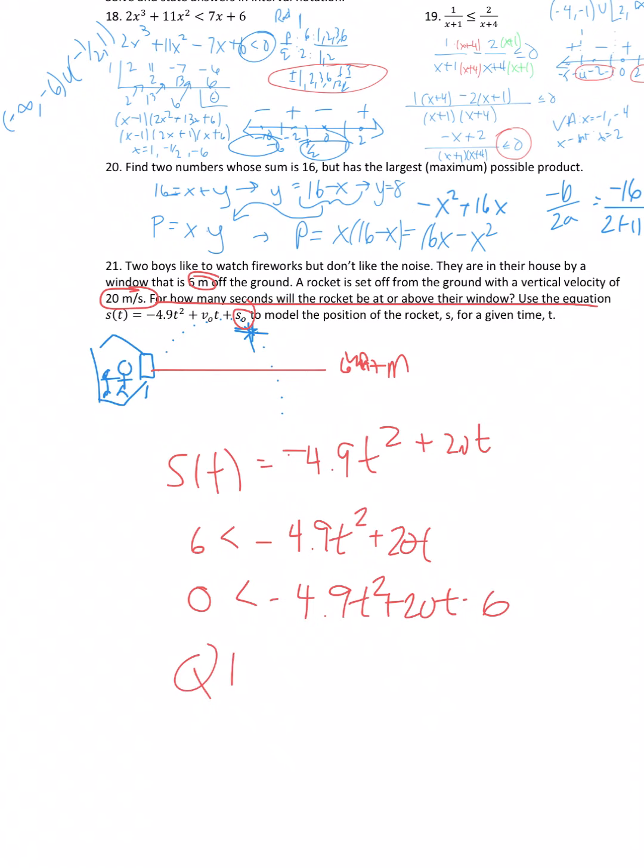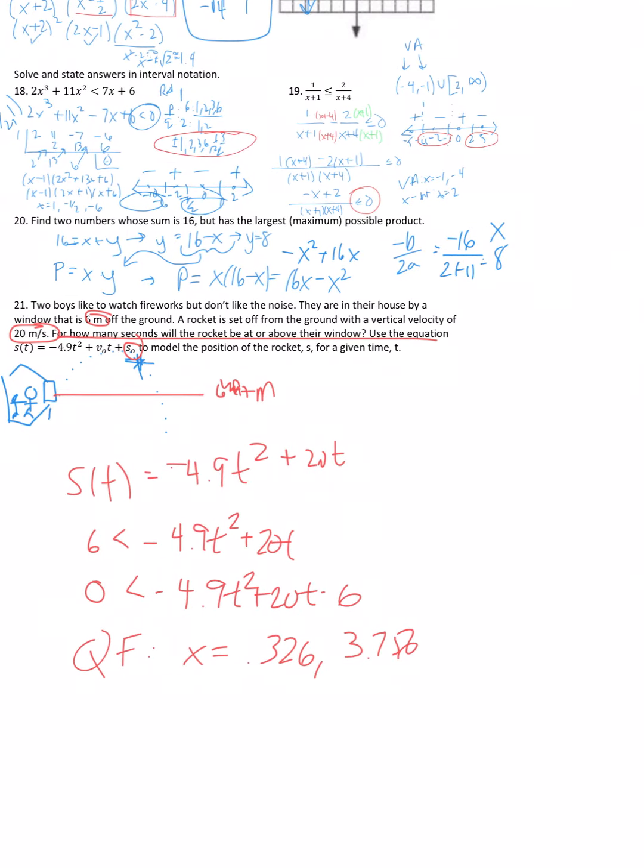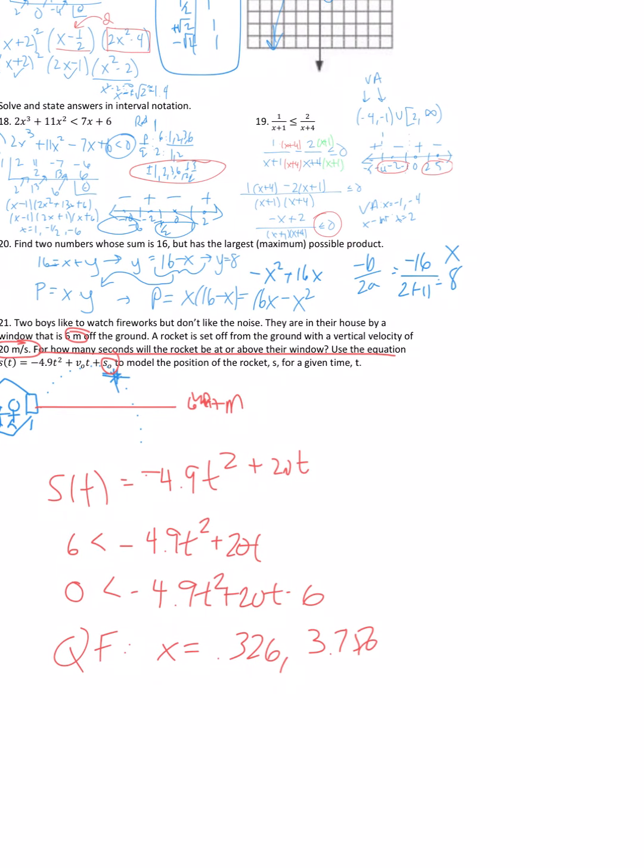And through the use of quadratic formula, we get the 2 x values, 0.326 and 3.756. Now, the last part to this is when is it greater than 0? Now, obviously, it's going to be the time in between them, just considering how a rocket launch would work.